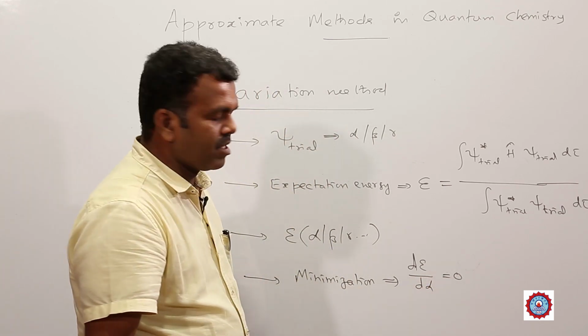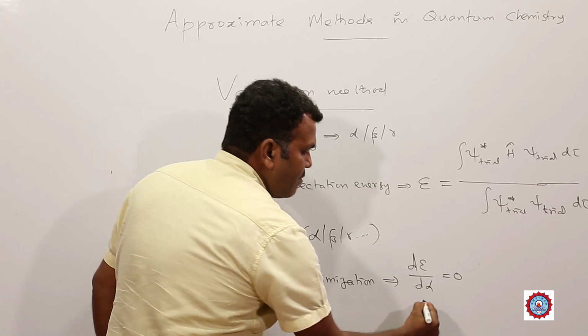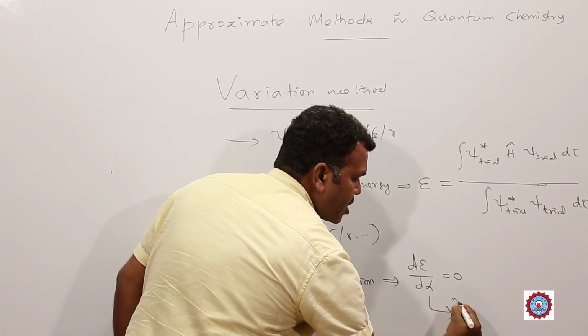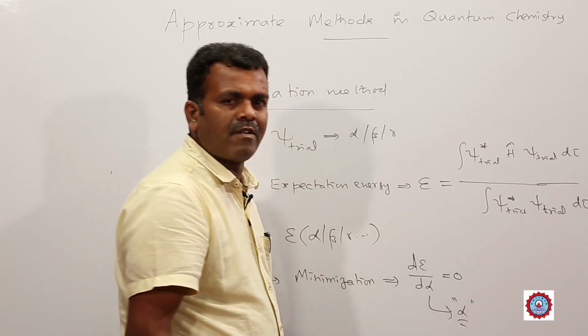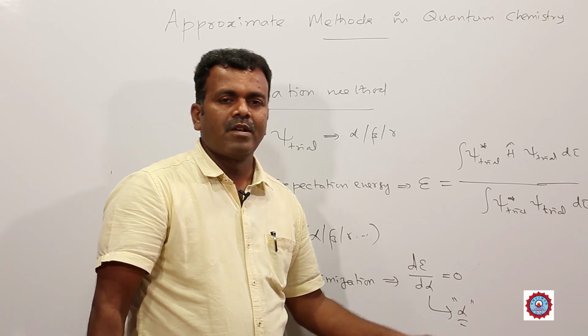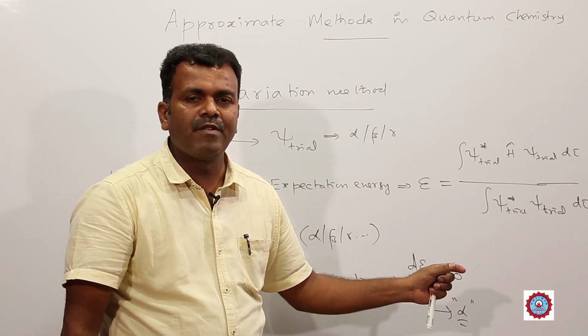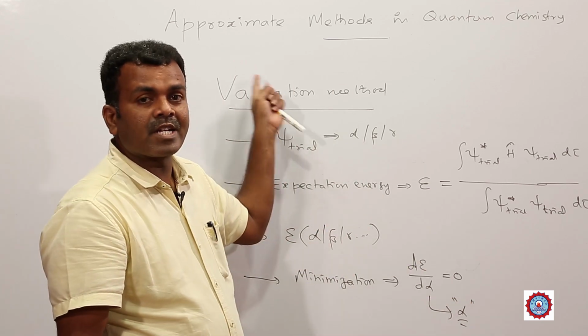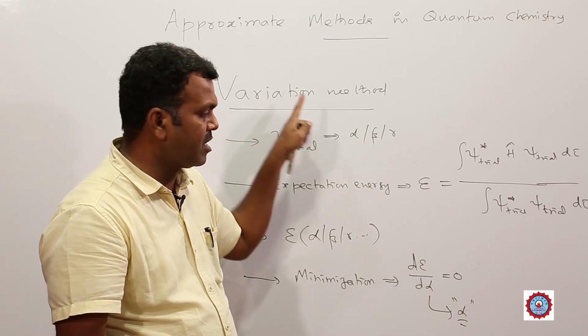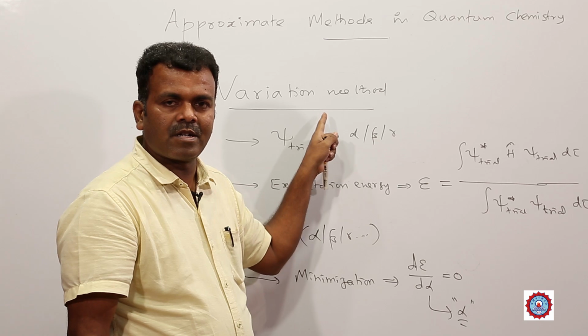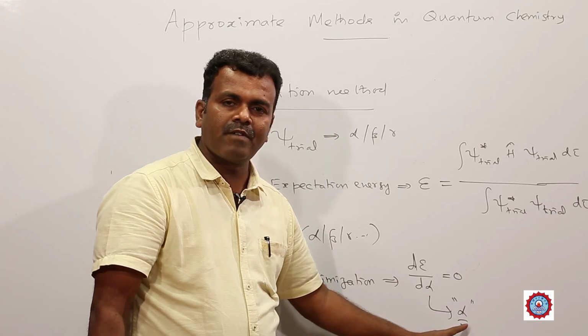If you put this value as 0, then we will get a particular value of the variation parameter at which the energy of the system will be very, very low for the chosen trial wave function. So, for a particular trial wave function, we will get a particular value of alpha.